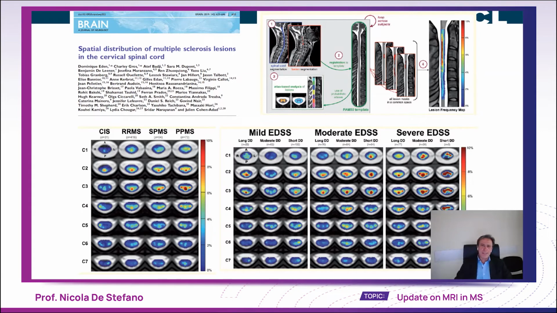You see here from this lesion probability map in patients with CIS, relapsing remitting, secondary progressive or primary progressive, how the spinal cord lesions increase over time in the different phases of the disease, but also how the lesion load is very different according to the disability.